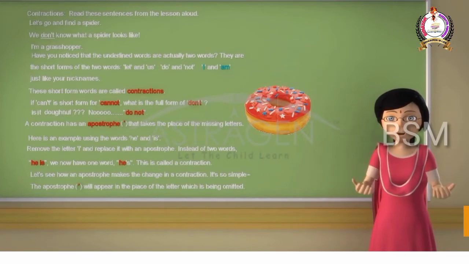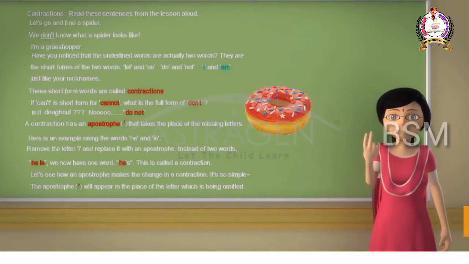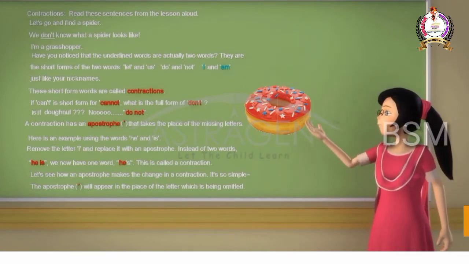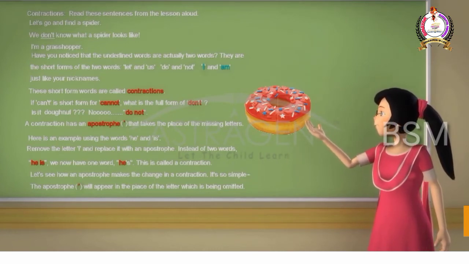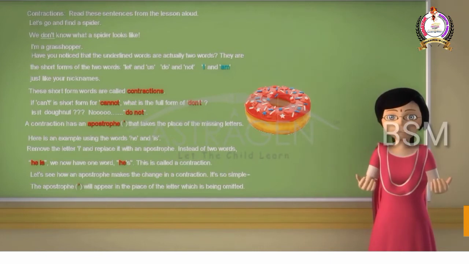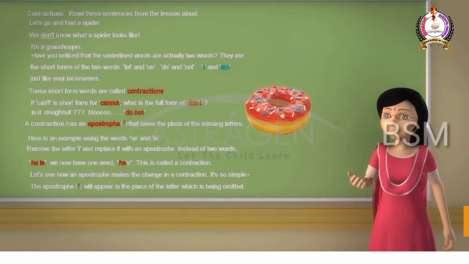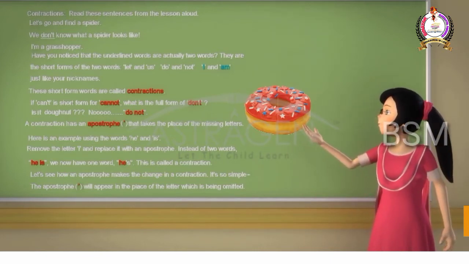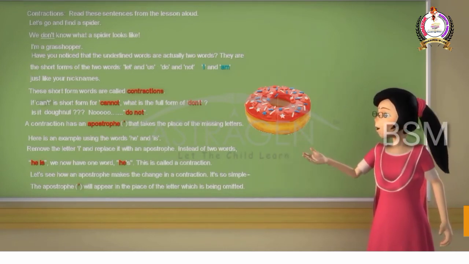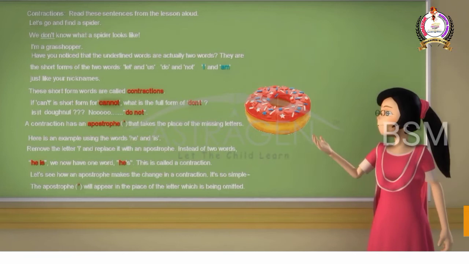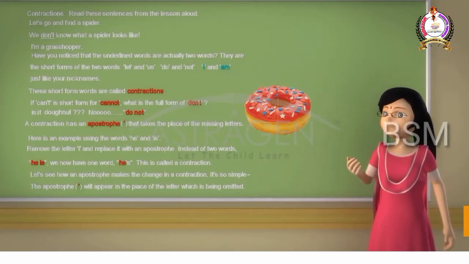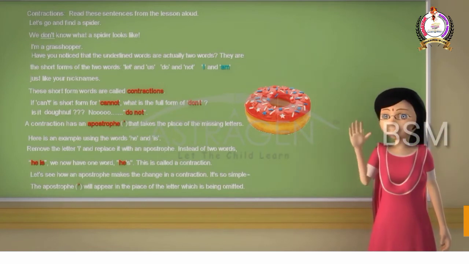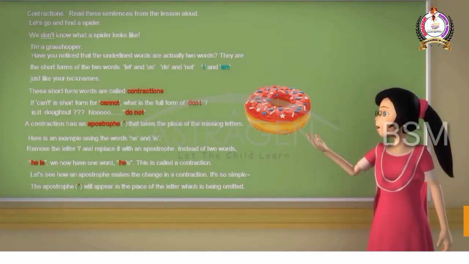They are the short forms of the two words, let and us, do and not, I and am, just like your nicknames. These short form words are called contractions. If can't is short form for cannot, what is the full form of don't? Is it donut? No, it is do not.